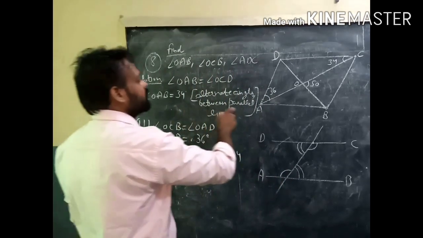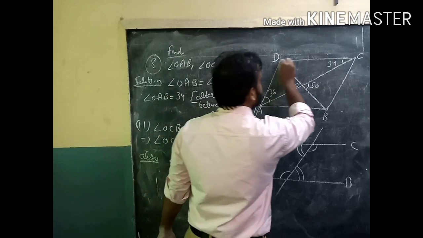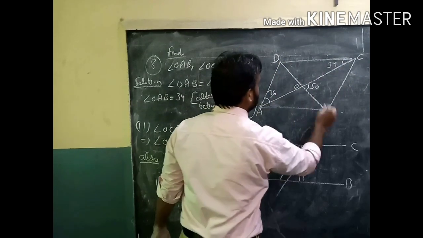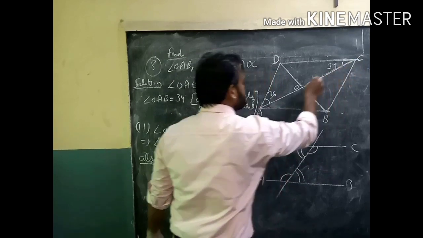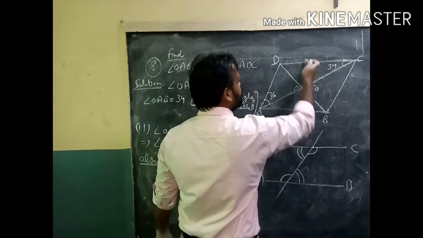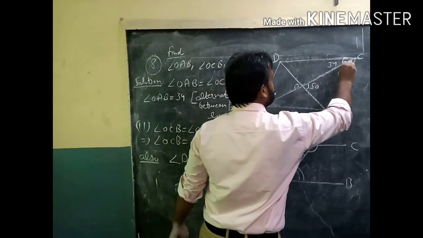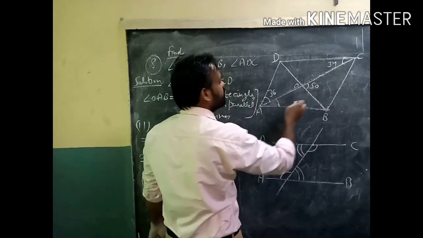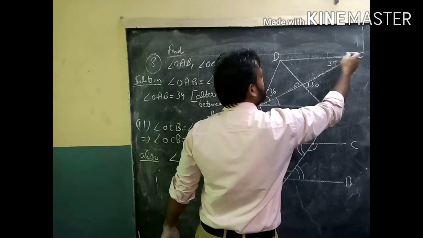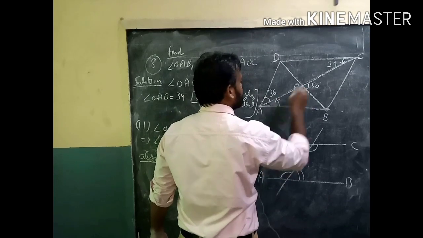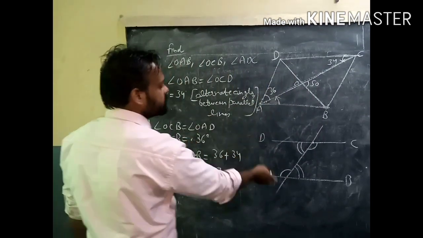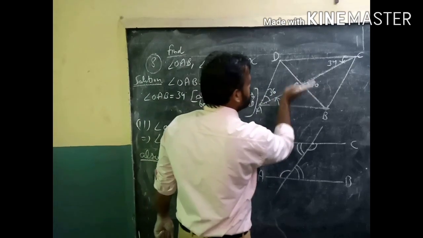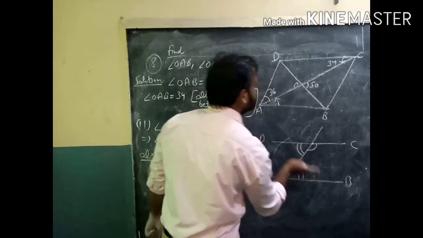So you can see this line and this line, both lines are parallel, and this transversal is cutting these two parallel lines, then of course this angle and this angle will be equal because both angles are alternate angles between the two parallel lines. So in this way you can match this condition with the condition which I had explained to you.